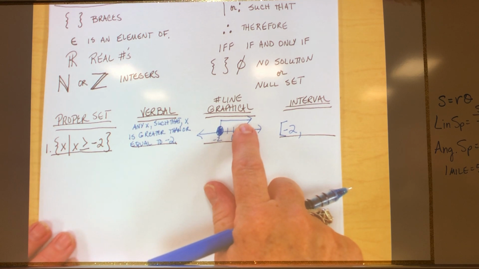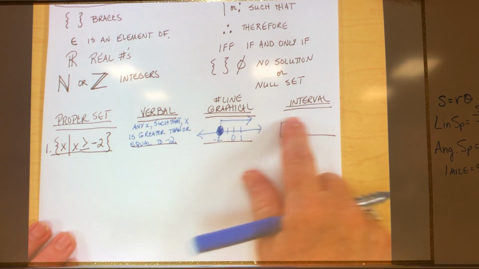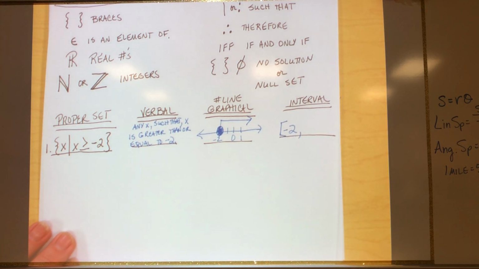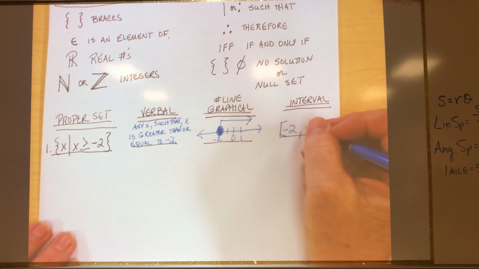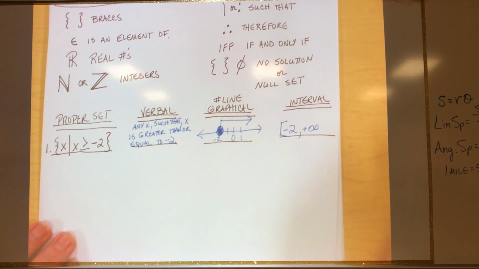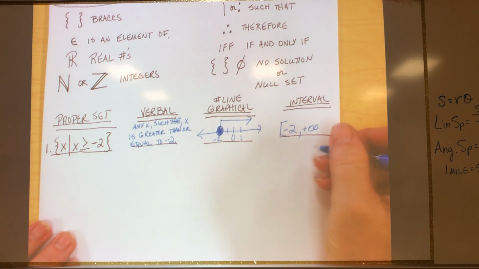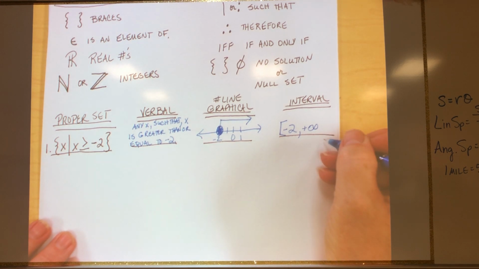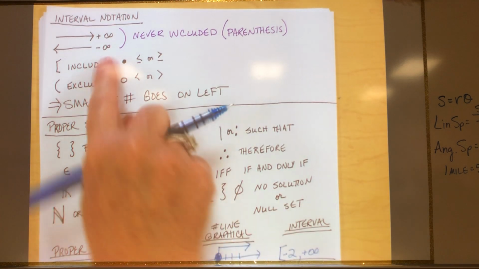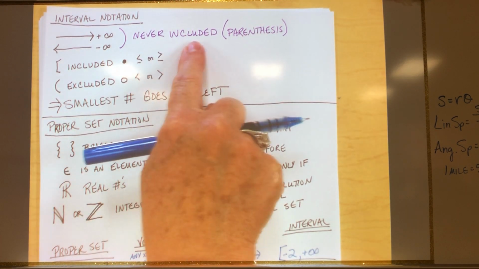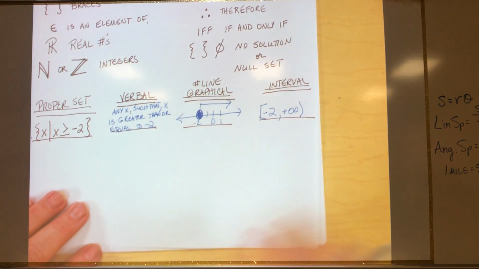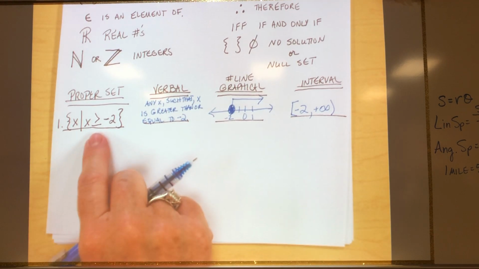What is that? Infinity. Positive infinity. What do you put by infinities? Parentheses. Yes, look right there. Never included, always using parentheses. Okay, now look at this.